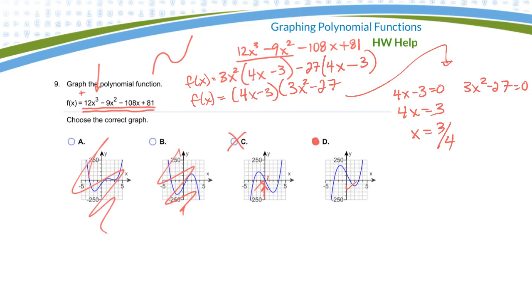This one has that. D's looking good. Okay, let's finish this one. Add 27 to both sides, divide both sides by 3. Square root principle, plus or minus 3. So I have to have a 0 at 3/4 and at plus or minus 3. There's minus 3. There's plus 3. Yes, D is the correct one.